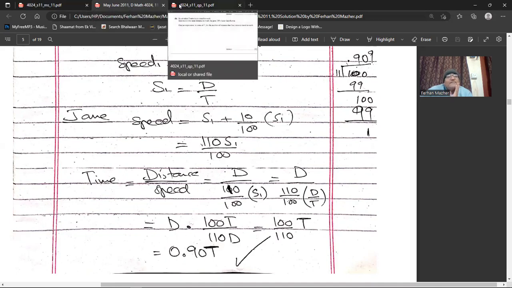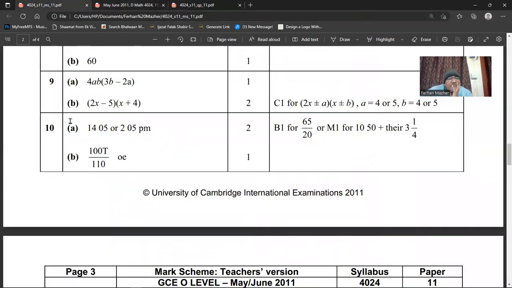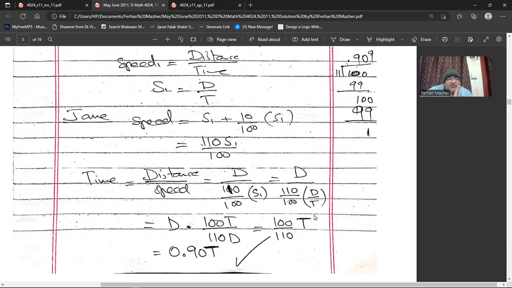Hopefully you understand. Let's check. 100t by 110. So they are given the answer in this form. So our answer is good.